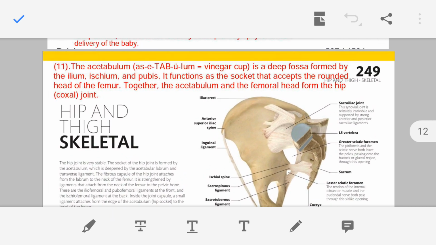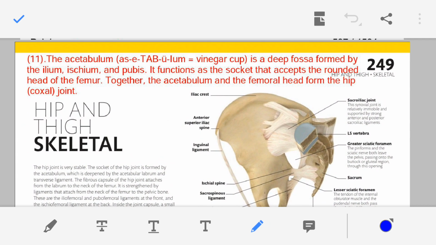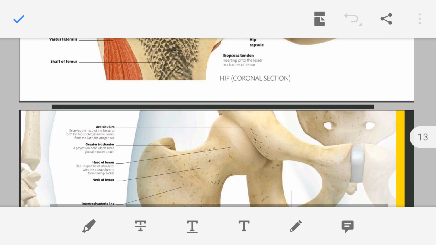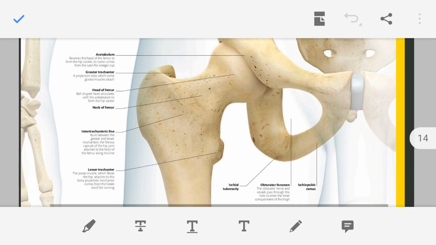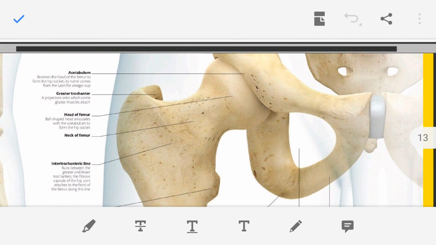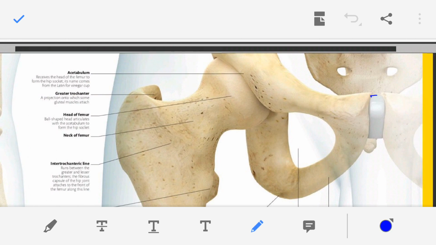Okay, so point number 11 is something related to acetabulum and the coxal or the hip joint. So now moving on to the 12th point of our discussion. Before we discuss the 12th point, you can see clearly, for example, this is the pubic symphysis made up of fibrocartilage, and the acetabulum, okay, this fossa.